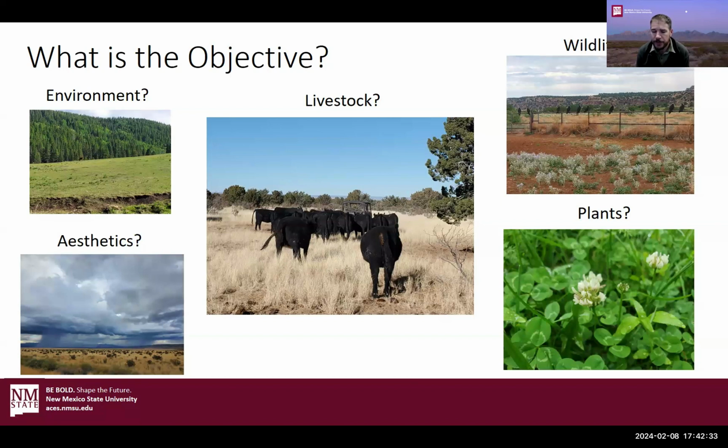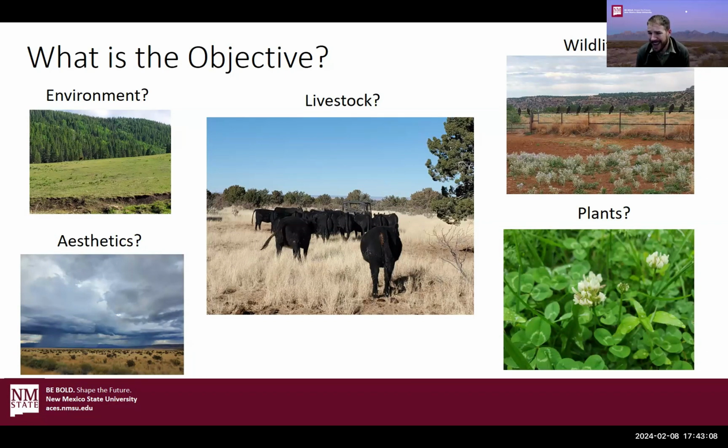What's your objective? Most people focus on livestock. If the focus is livestock, then you're dealing with stocking rate, not carrying capacity. But oftentimes there are other things we want to work into our ranch plans, and a big one is wildlife. Once we start dealing with wildlife, we transition into carrying capacity. So, distinguishing those two.